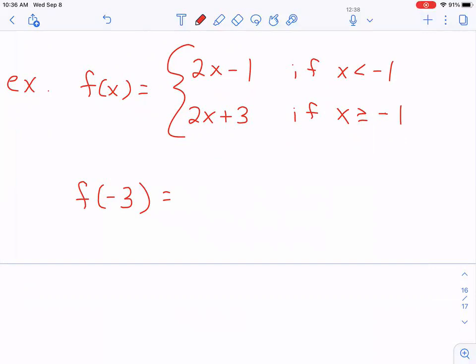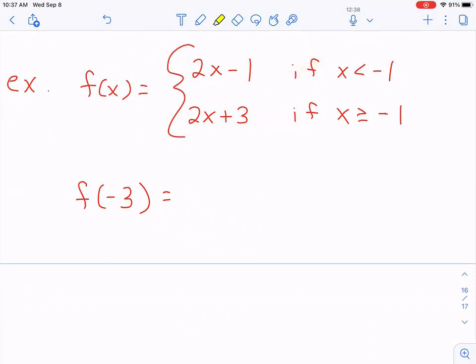All right, here's what this means. This stuff on the right-hand side tells us where to plug it in. These are the equations we're going to plug into, but you only plug into one of them. So how do you know which one? You're either going to plug it into the top or you're going to plug it into the bottom, but not both. So you decide which one to plug it in by this stuff on the right.